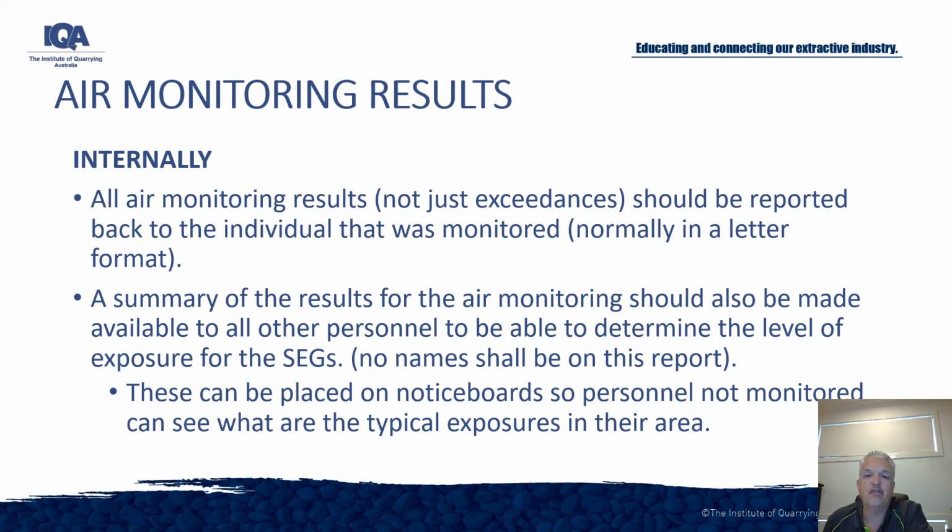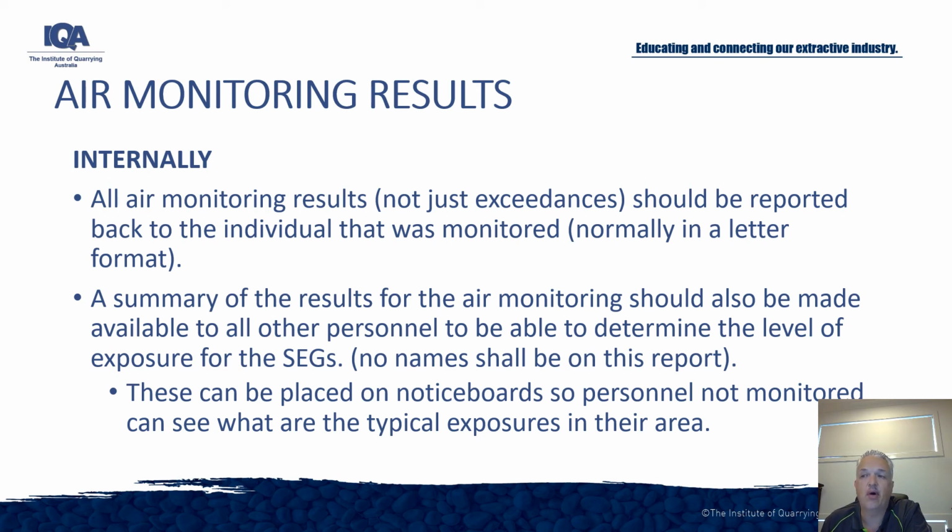A summary of these results for the air monitoring should also be available to other personnel who weren't monitored. So you might monitor 2 or 3 of your workforce, but there's 5 or 6 other people in that area that don't get monitored on that run. A good idea is to have a summary report in their area to see what exposure has occurred, what sort of levels during the latest campaign were, so people can understand what the levels in their area are.